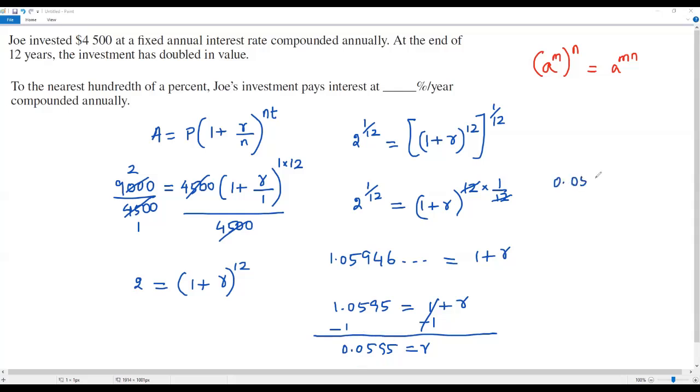So 0.0595 times 100 percent equals R. When I multiply by 100, the decimal point is moved 2 digits to the right, and I get 5.95% equals R. So to the nearest hundredth of a percent, Joe's investment pays interest at 5.95% per year compounded annually. So the answer for this question is 5.95%.